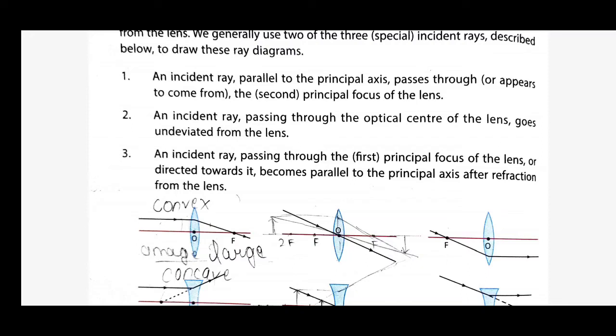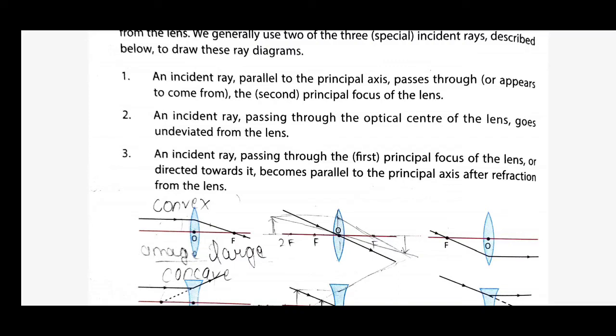Now, first, an incident ray parallel to the principal axis passes through the principal focus after refraction through the convex lens, while in the case of a concave lens, it diverges in such a way that it appears to come from the focus.